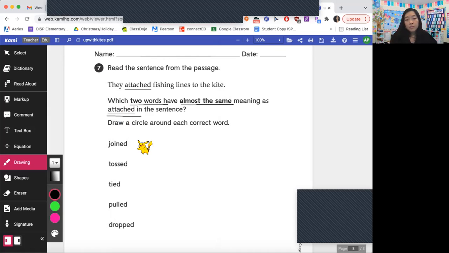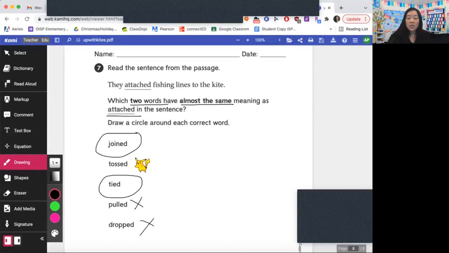Pulled and dropped. Nope, it's not pulled and not dropped. If you're attaching a fishing line, you're not pulling it or dropping it, you're attaching, you're putting it together. Which of those would mean putting it together? Joined and what else? Tied. Very good. So go ahead and circle joined and tied. Tossed would not work in that.